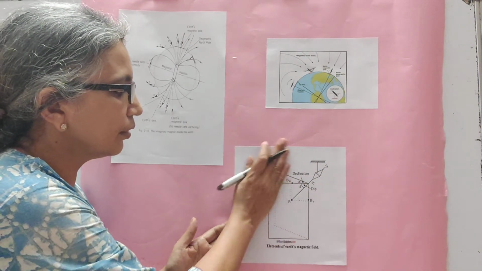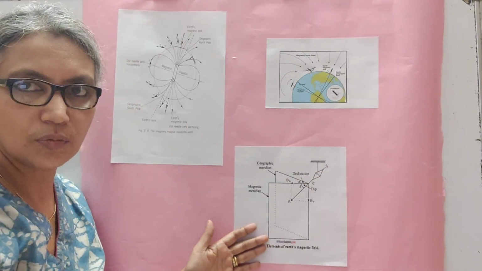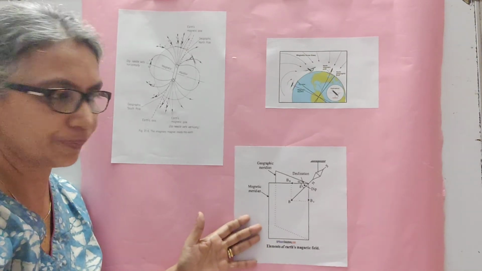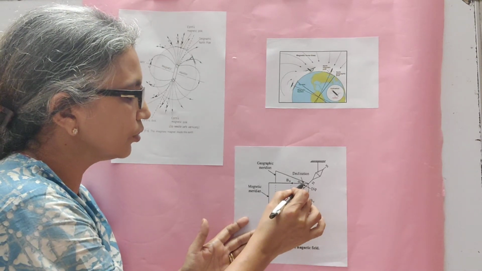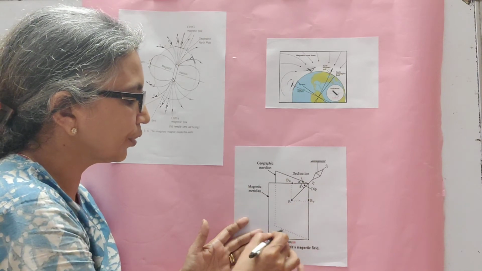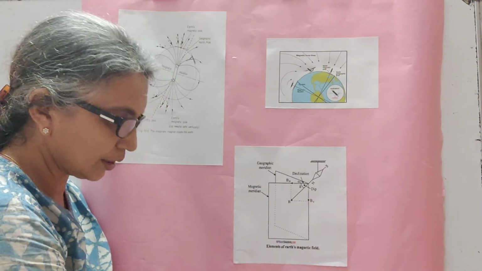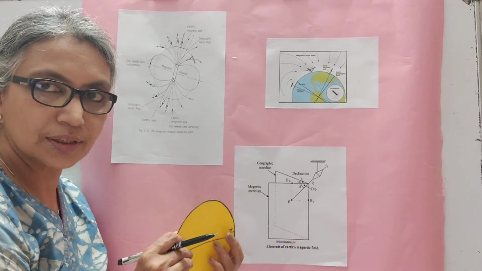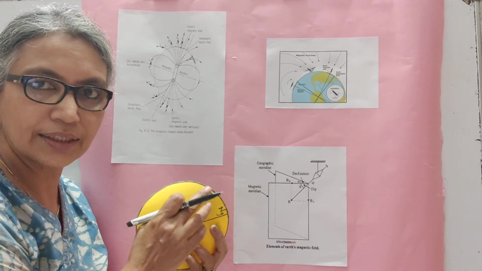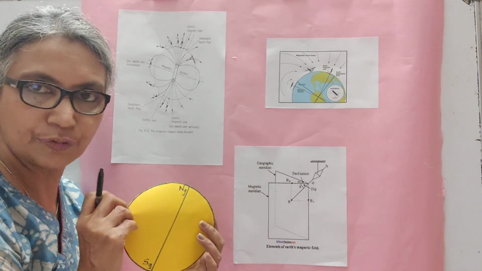Now this diagram shows exactly what we have combined. Can you see that this is the geographic meridian, which I told you is the vertical plane that passes through the longitude circle and has the geographic axis.